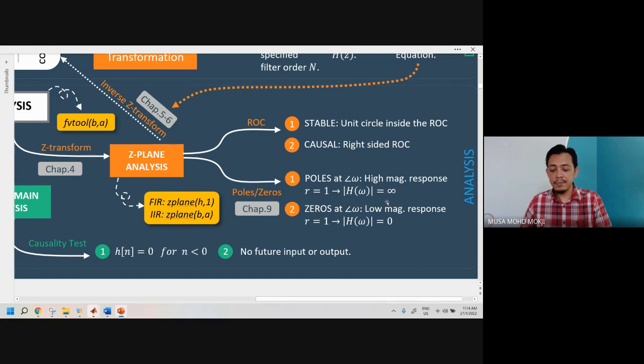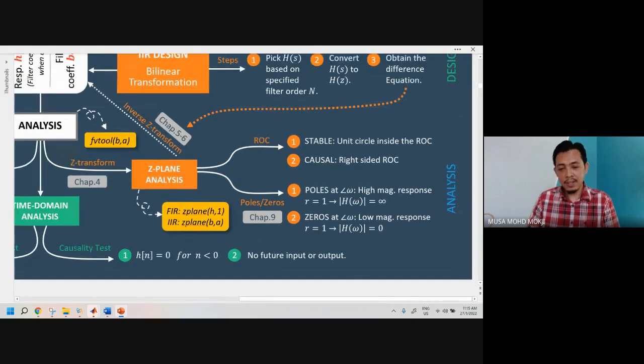Basically, what is a Fourier transform? The Fourier transform is a subset of the Z domain. It's just one small part inside the Z domain. That's why we have a relationship between pole zero and magnitude, right? So if you are interested, please contact me, then I can explain it to you.